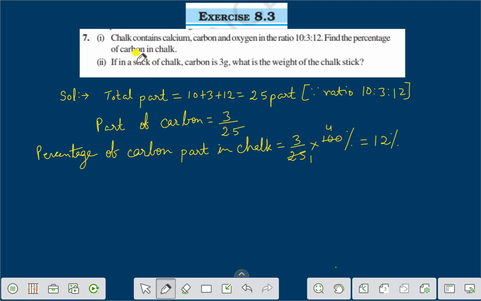So what is the percentage of carbon in chalk? The percentage of carbon in chalk is 12%.